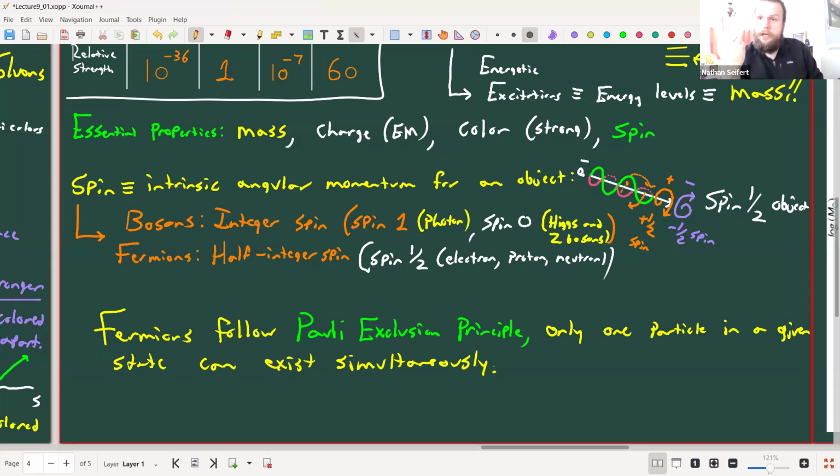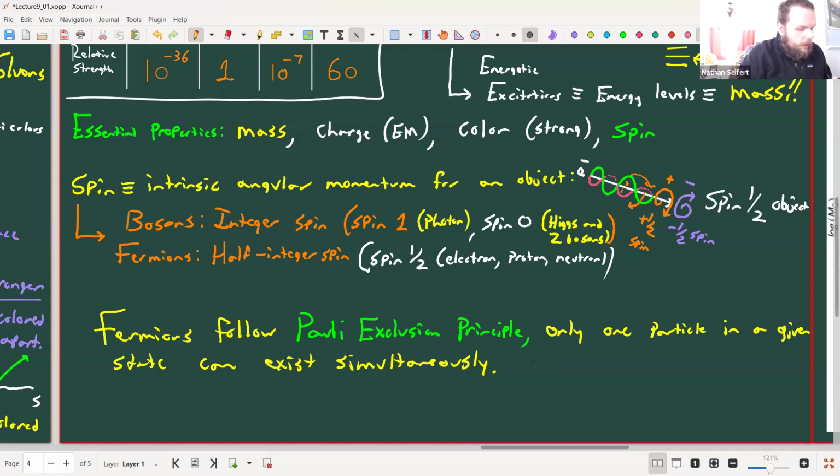It's a spin up and a spin down. Two electrons in an orbital, and you start filling the orbitals after that, 1s, 2s, the octet rule, all that junk. That's because they follow this Pauli exclusion principle, meaning if you have a spin up electron in an orbital, it's the only one that can be there. You can't bring another one in. The other one that has to come into that orbital has to be a different spin.